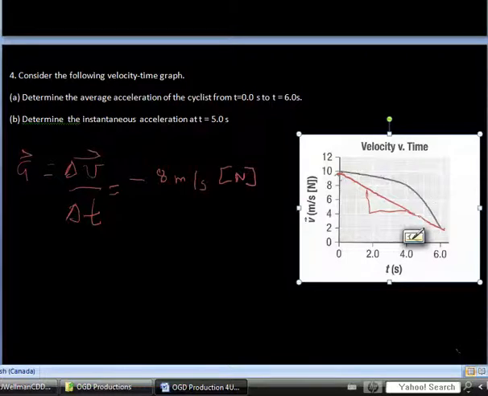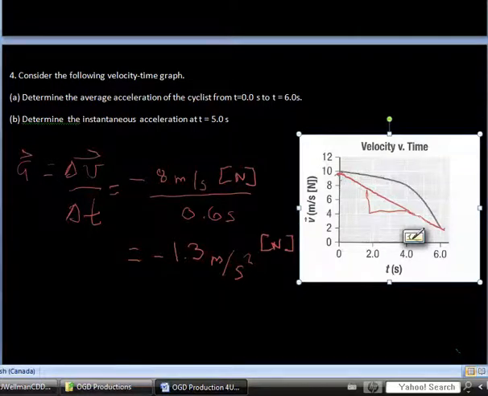So we went from 10 to 2, so 2 minus 10 is equal to negative 8. My total time is 0.6 seconds. And that gives me an acceleration of negative 1.3 meters per second squared north.